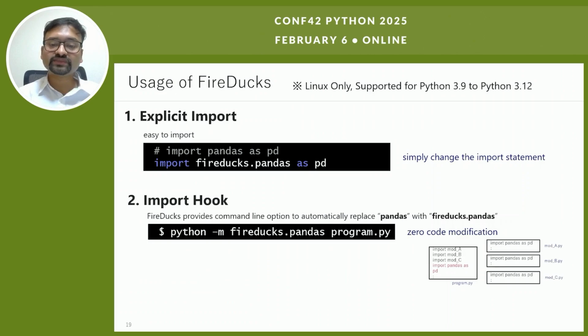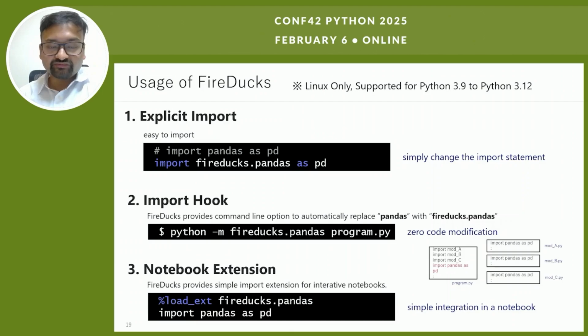It can automatically replace all the pandas with FireDucks pandas and do the optimization for you without any code modification. For notebook-like platforms, it's the same thing. The rest of your notebook can stay the same. Just on top of import pandas, you can add this extension module, and it will automatically replace pandas with FireDucks pandas, and you can experience the benefit.